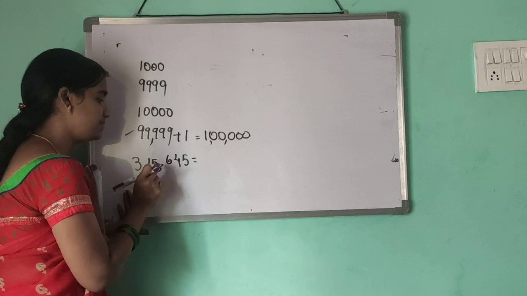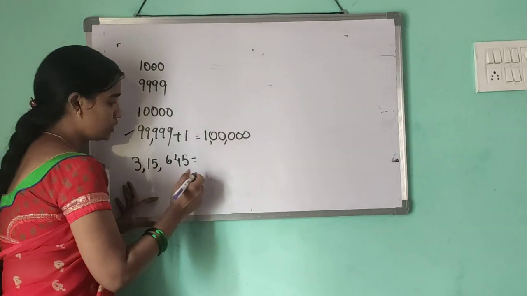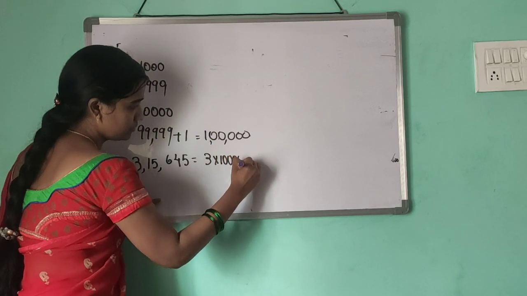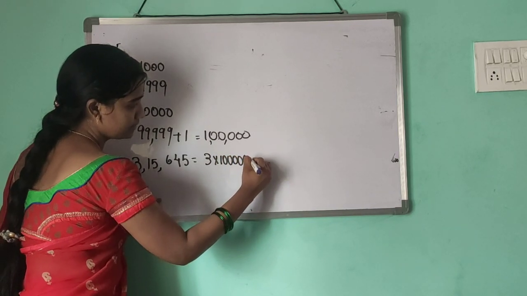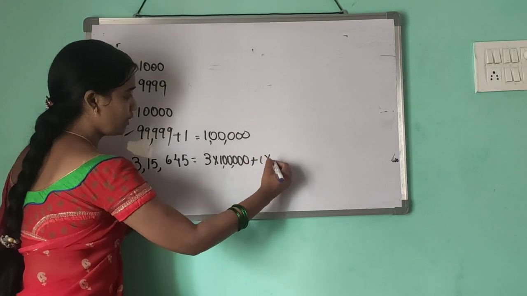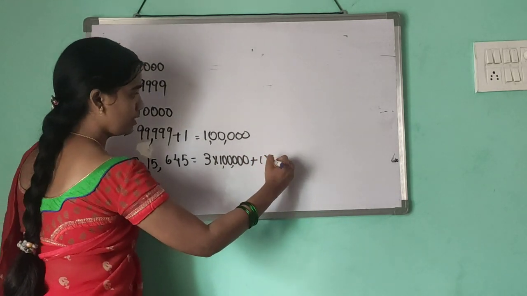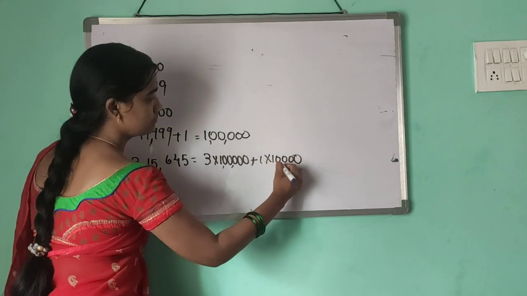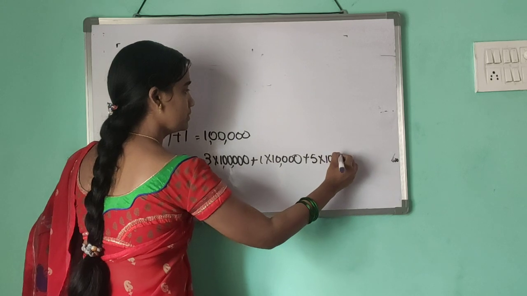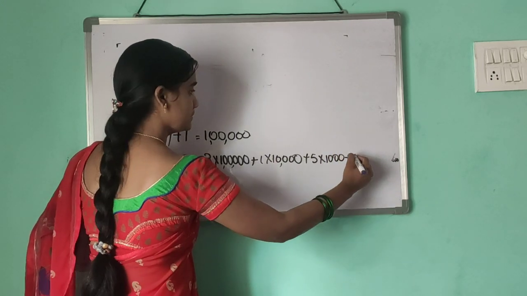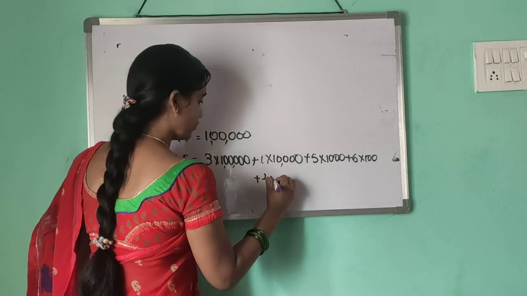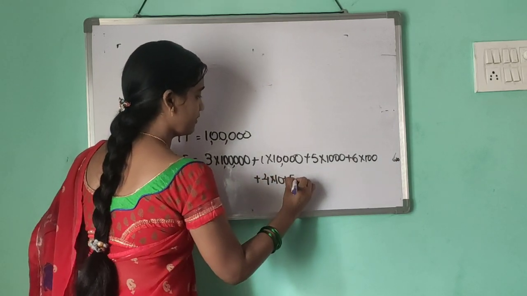Ones, tens, hundreds, thousands, 10,000s, 3 lakhs. So 3 into 1 lakh plus 1 into 10,000 plus 5 into 1000 plus 6 into 100 plus 4 into 10 plus 5.